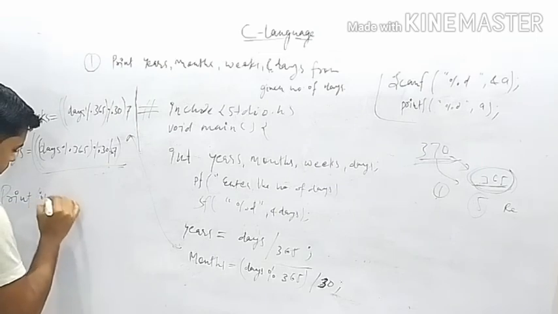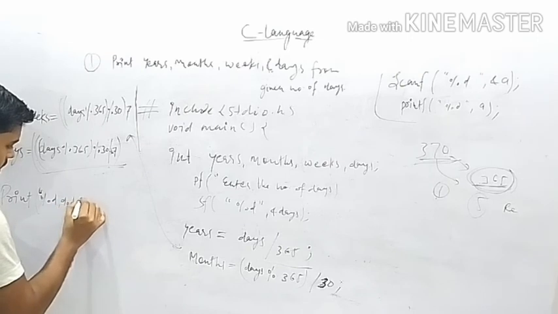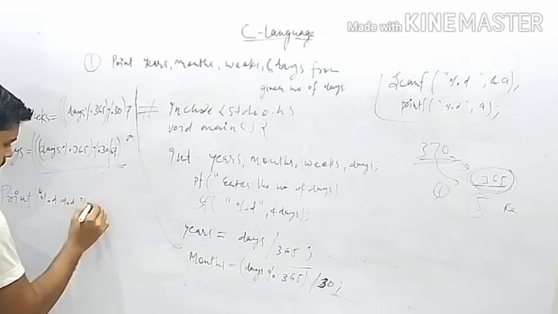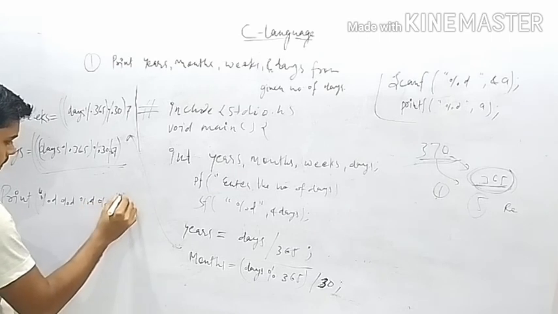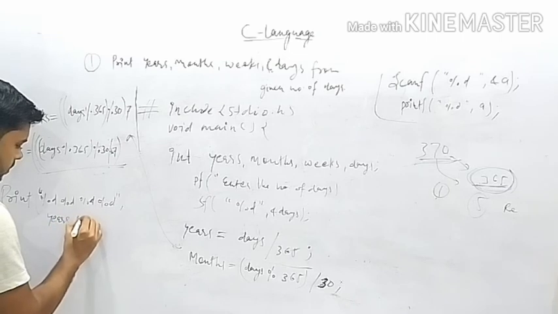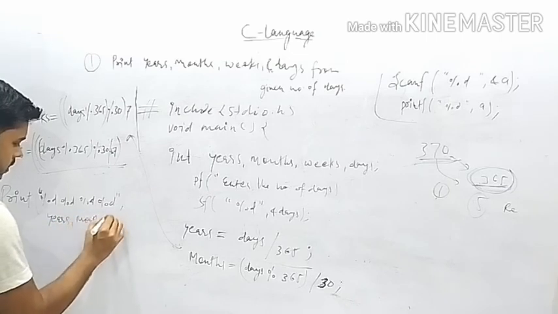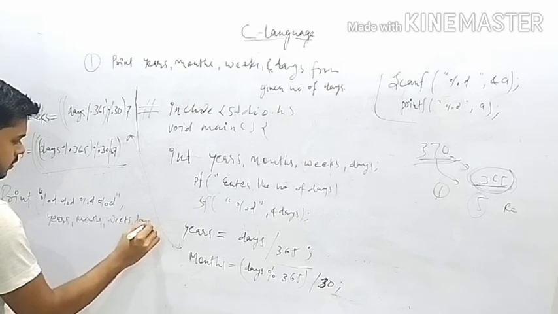%d, %d, %d and %d. Now the first is years, second is months, third is weeks, fourth is days.